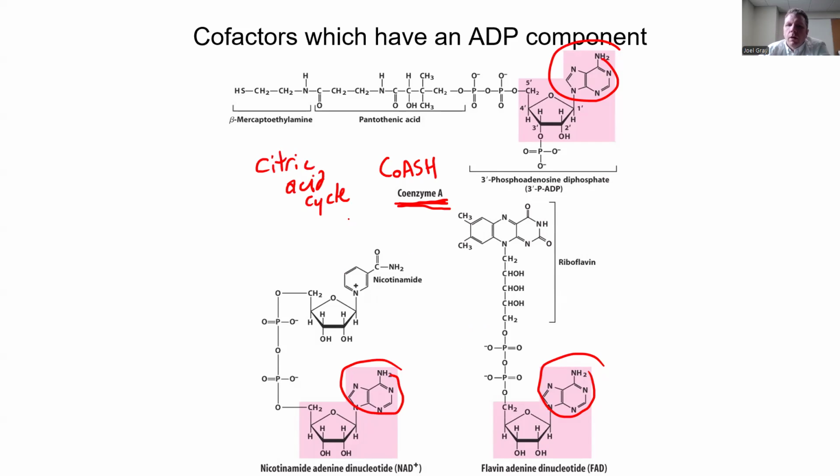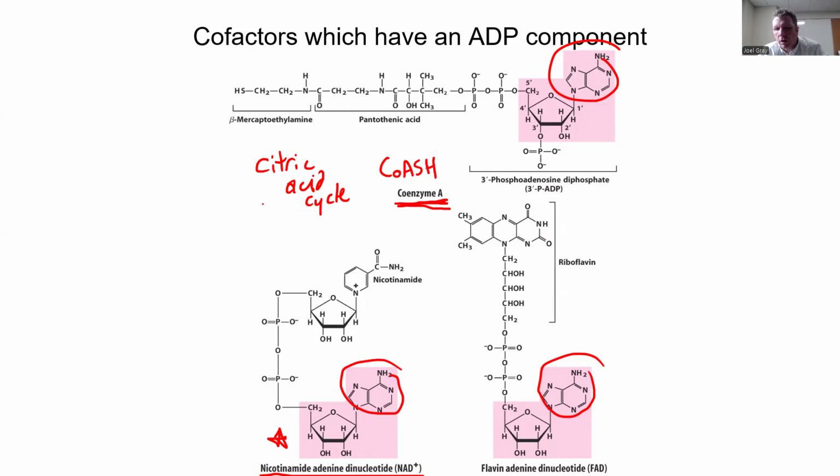Now, in addition to that, one of the things that I really like about how we've changed this curriculum, adding glycolysis, is this molecule right here, nicotinamide adenine dinucleotide, NAD plus. This is the oxidized form. NADH is the reduced form. They're effectively the exact same.